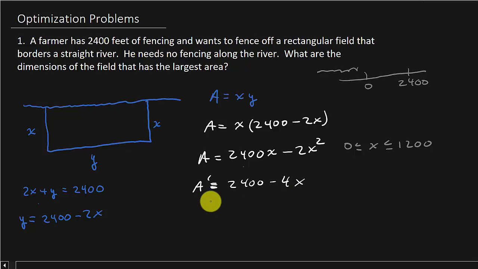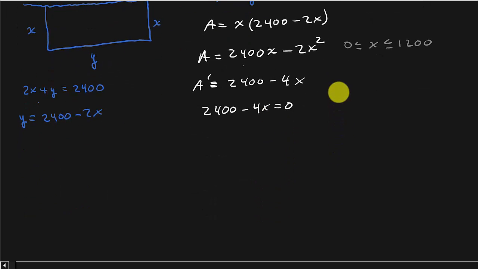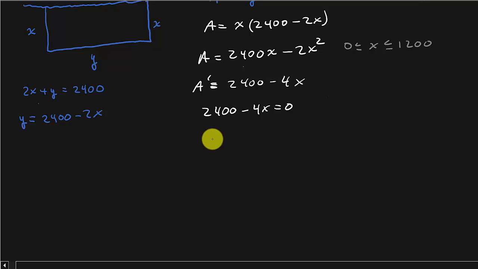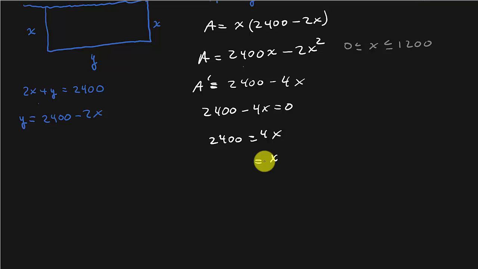Then we take the 2,400 minus 4x and set it equal to 0. I'm finding my critical numbers. And so I get 2,400 equals 4x, and so x is equal to 2,400 divided by 4. That's going to give us 600.